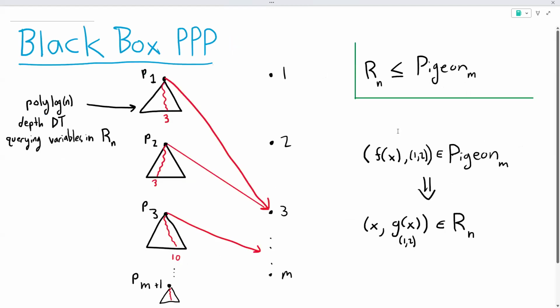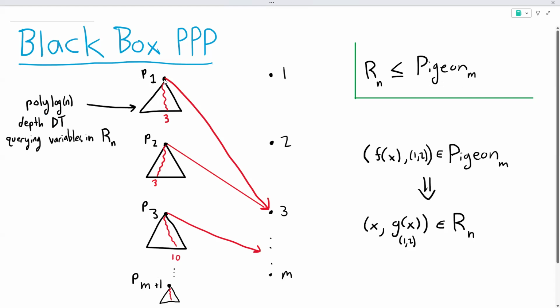Okay, so let's put a picture to that definition on the previous slide. So let's say for just some random total search problem R of n reducing to pigeon of m, what does this look like? This means there's some pigeon protocol for R of n. So there'll be pigeons p1 up through p(m+1), mapping to holes 1 through m.